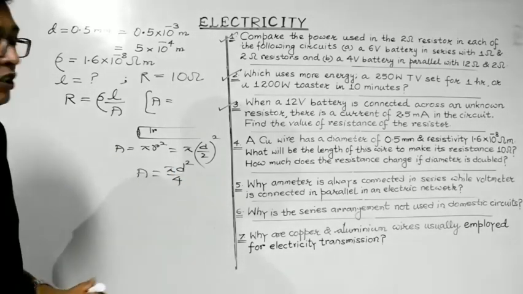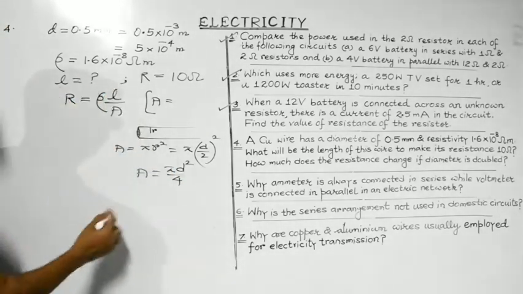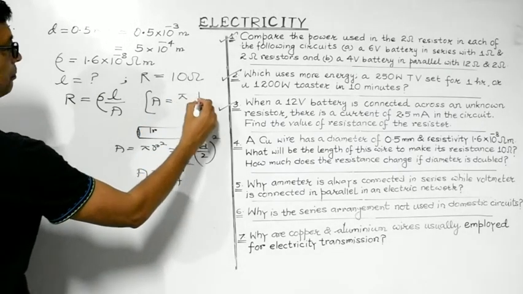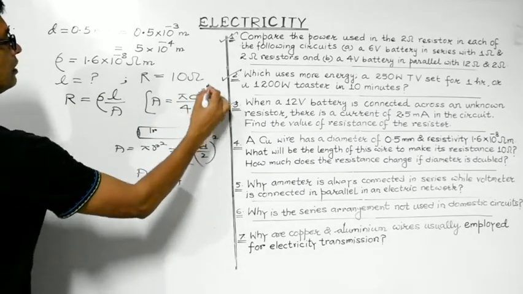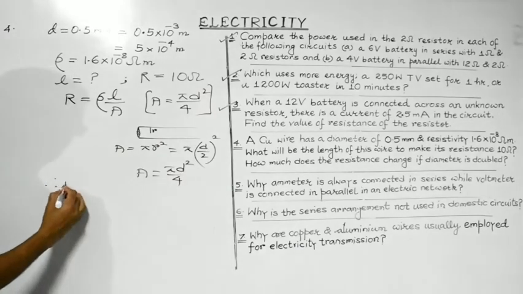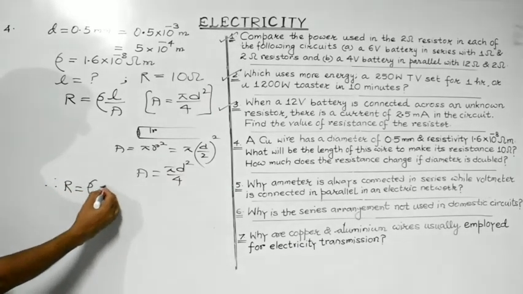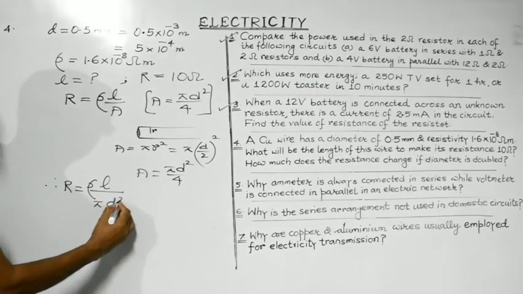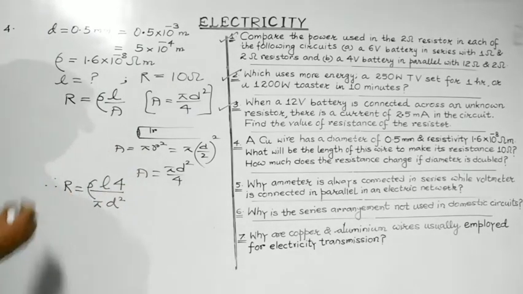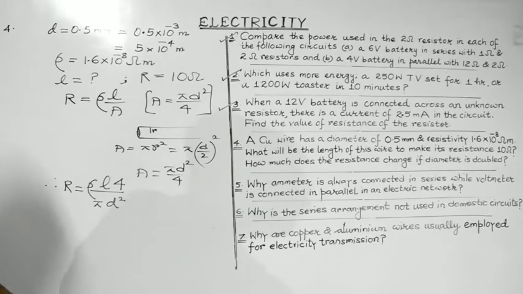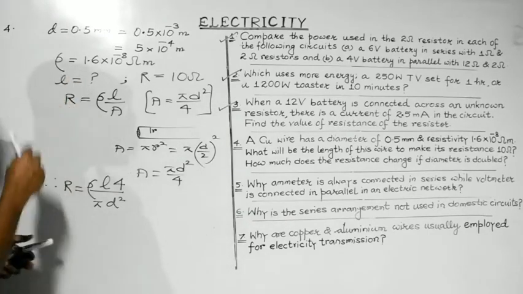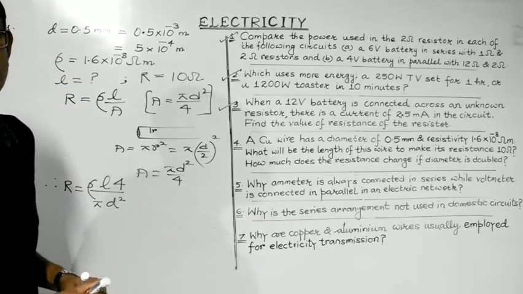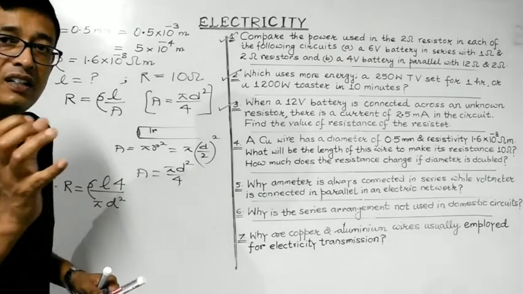Right, friends? So let's substitute this value over here. Area is pi D square by 4. Therefore, R will be equal to rho L divided by A, where A is pi D square by 4. Right, students? Here, we are supposed to find out the length of the copper wire so as to make the resistance of that wire 10 ohm.